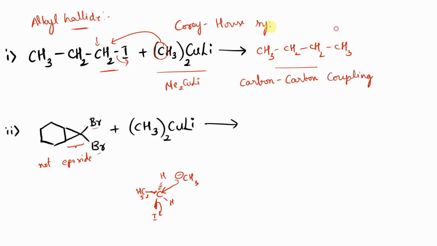If you are considering industrial jobs, this Corey-House synthesis concept is very, very important, because most of the industrial compounds involve creating new bonds between carbon-carbon, carbon-oxygen, and carbon-nitrogen atoms. Okay, so this is the first example.